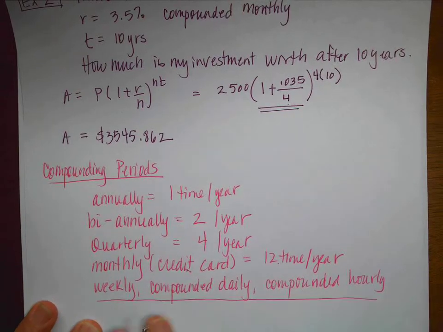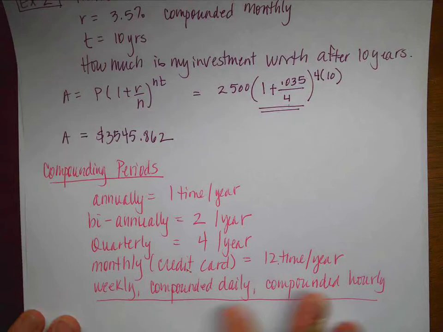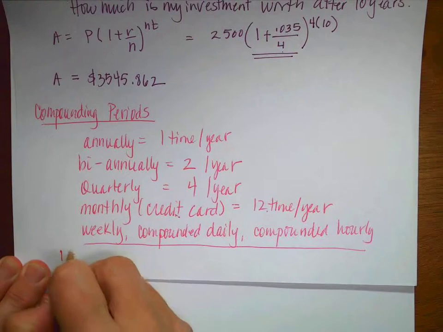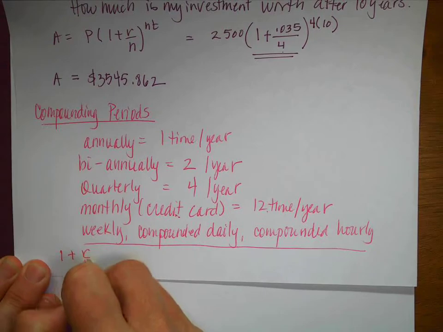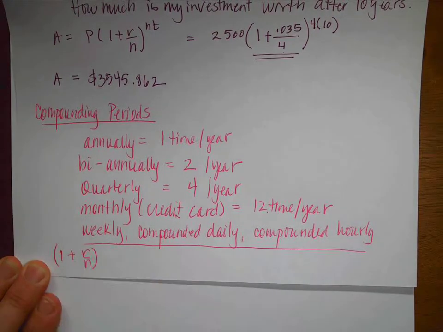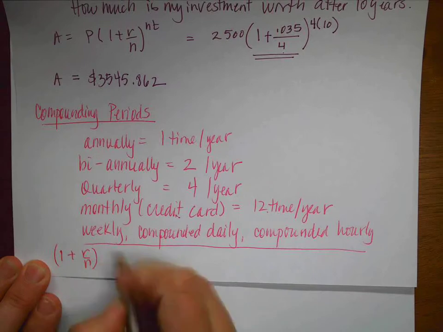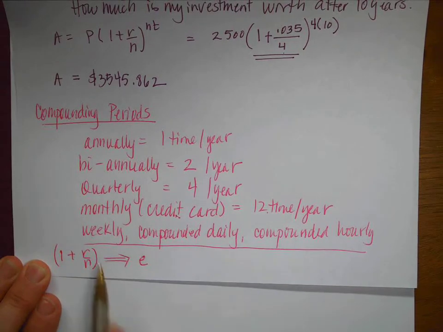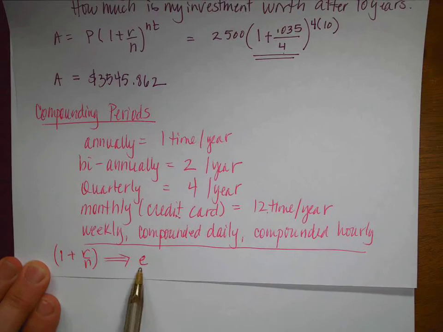As these compounding periods get tighter and tighter, the 1 plus R divided by N portion of your formula is going to be E. And so this is the ratio where E comes from. It's 1 plus the rate divided by N.